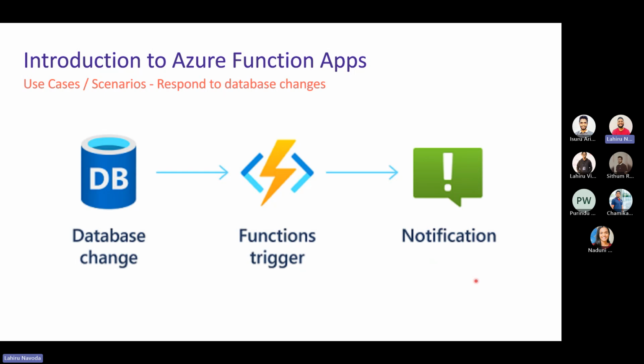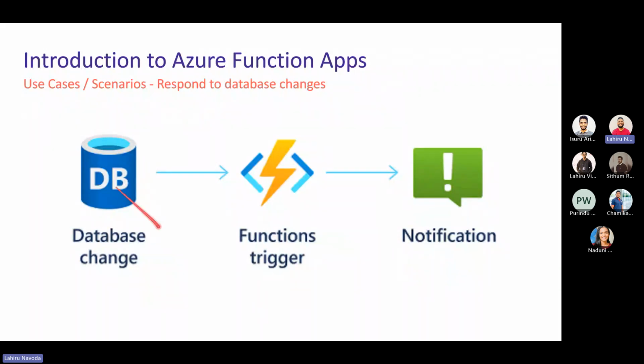And finally, we have this use case, respond to a database change. It's a more common scenario. You have this database and the function here. This function is triggered based on the changes we make in this database. It can be either a Cosmos DB or a relational database like Azure SQL.